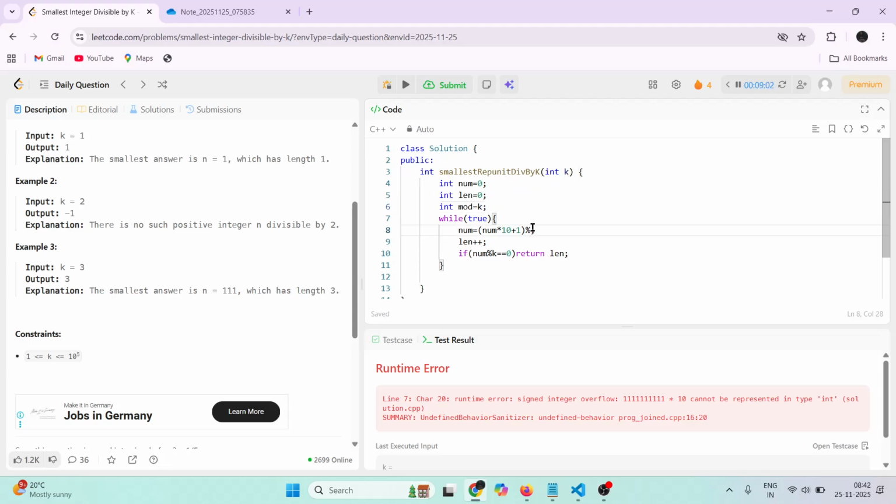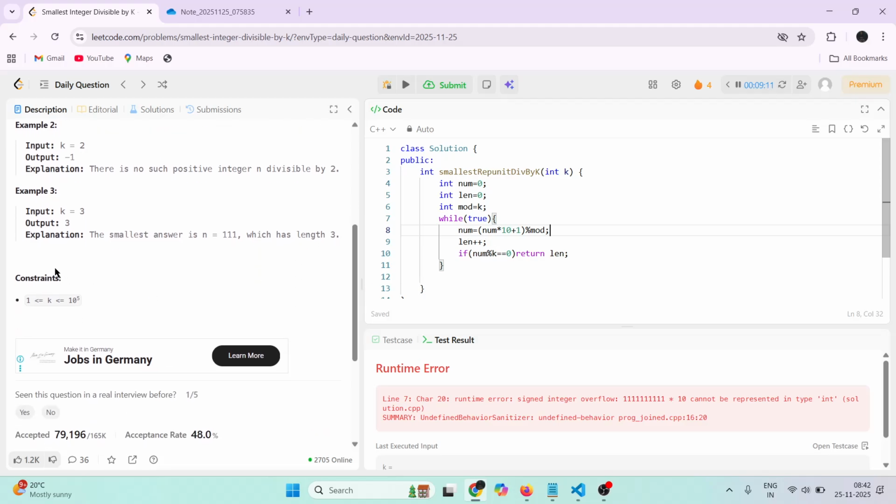Now if we think of k as 10 to the power 5, then if we take the mod of any number with it, the result is going to be less than that. That means we no longer have the issue of signed integer overflow.